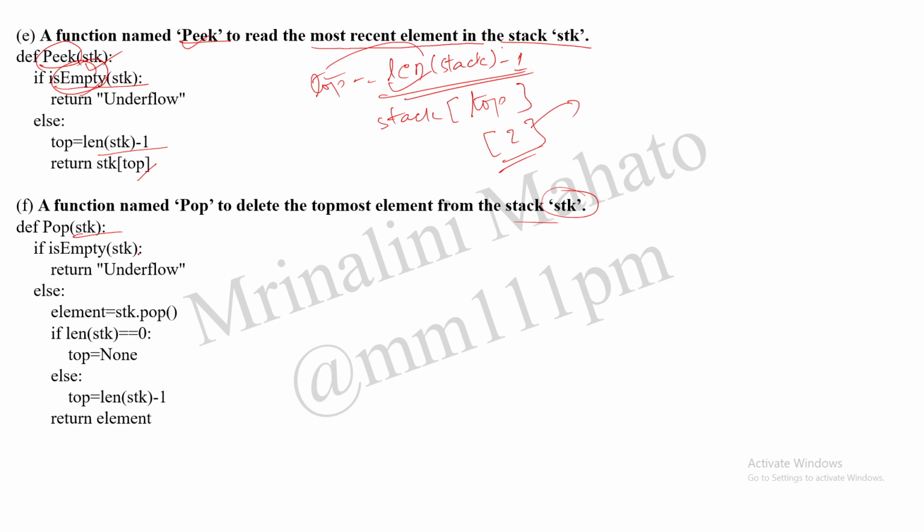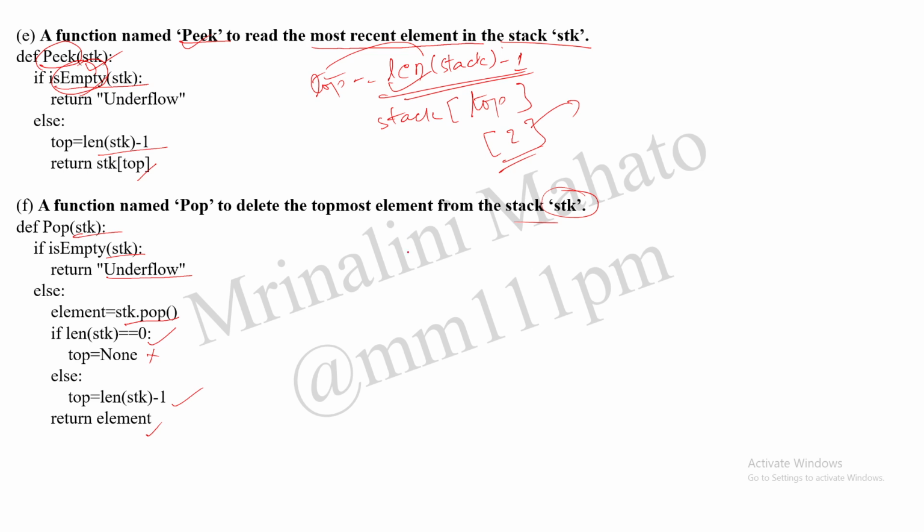If it is empty, then return underflow, else stack.pop. Whenever stack.pop is done, it will delete the last element, and then afterwards we will check it. After deleting, we will check it. If len of stack equal to 0, then top equal to none, meaning nothing it will display. Else you will do len of stack minus 1 and return the element.